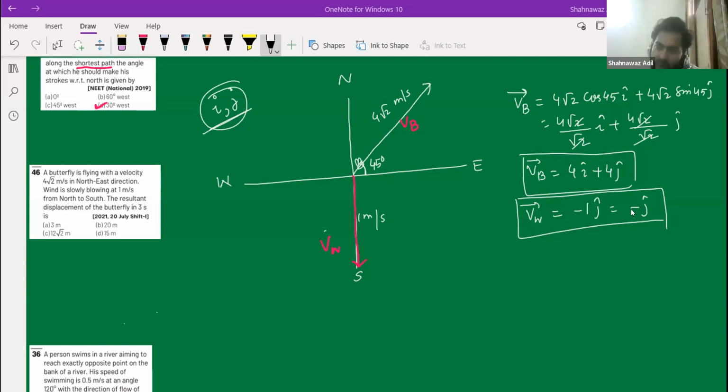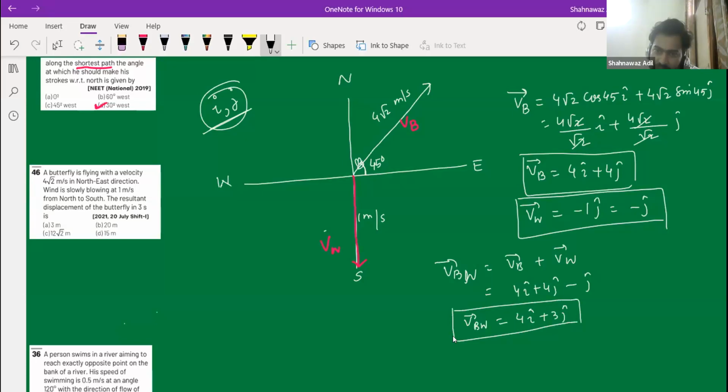Okay, so the velocity of the wind is minus j hat, and the velocity of the butterfly is 4i plus 4j. So Vb plus Vw is 4i plus 4j minus j, which is 4i plus 3j. We have found the resultant velocity.